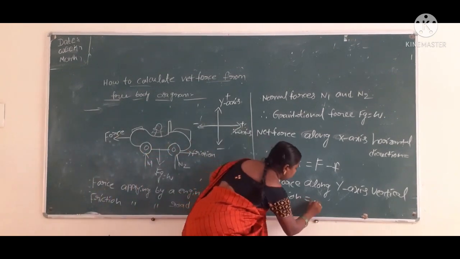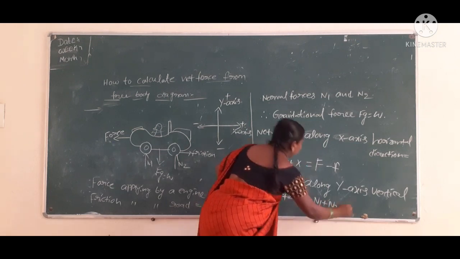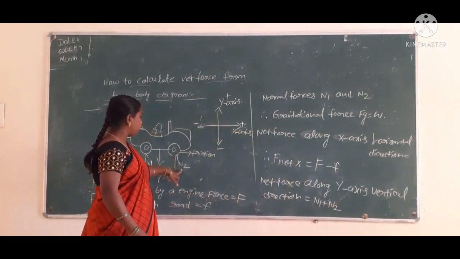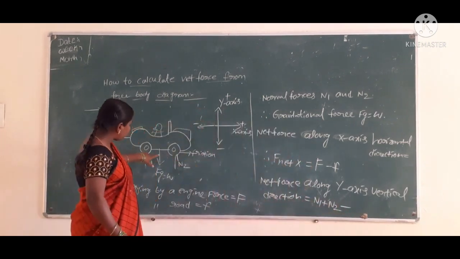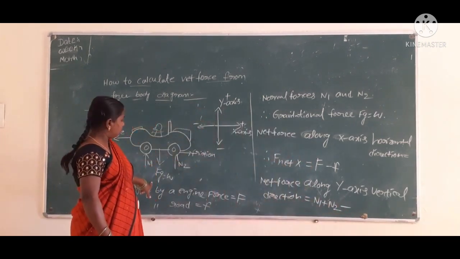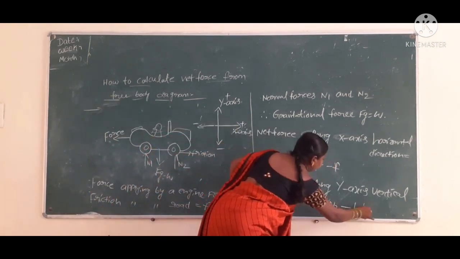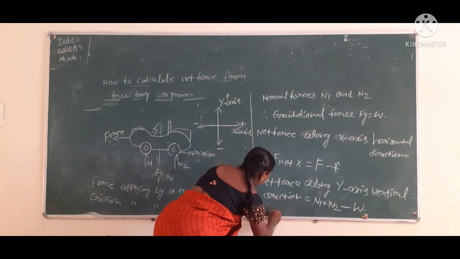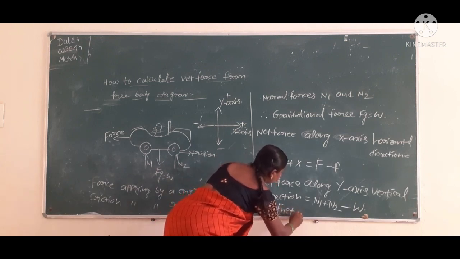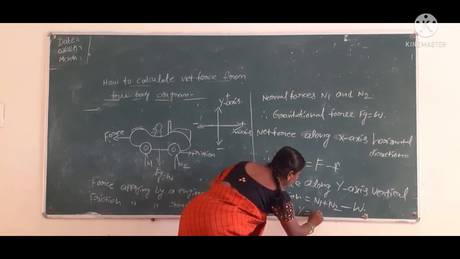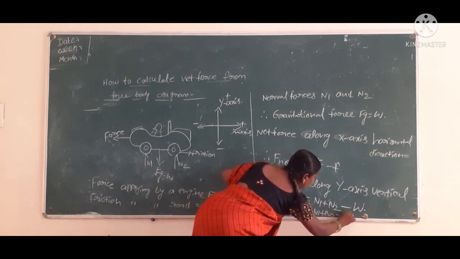So this is equal to N1 plus N2, minus the downward direction, minus W. Therefore the net force Fnet y is equal to N1 plus N2 minus W.